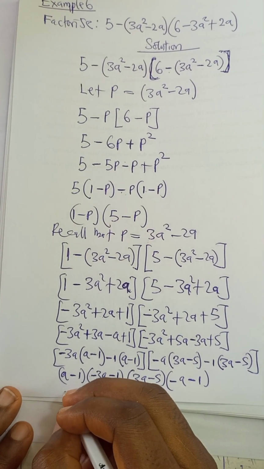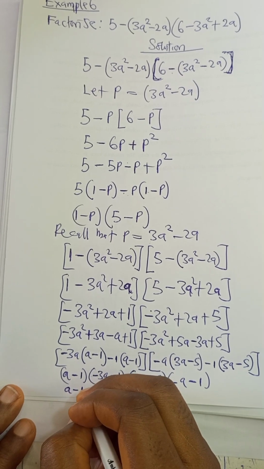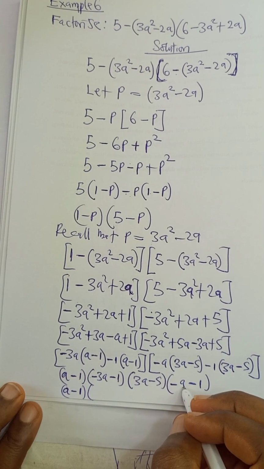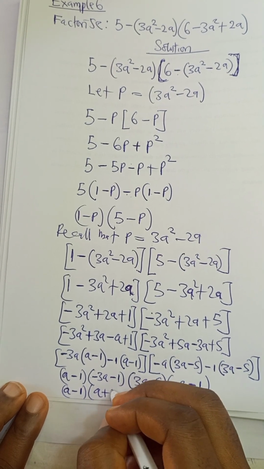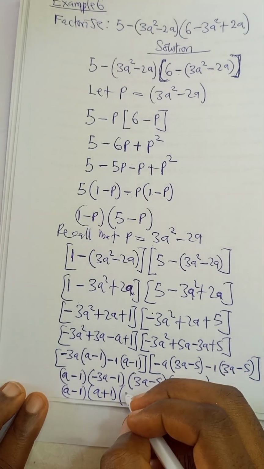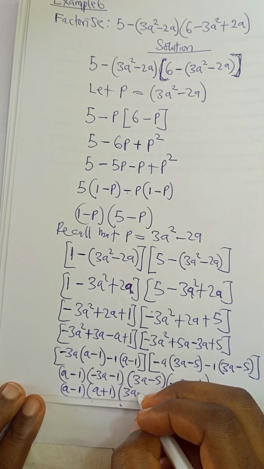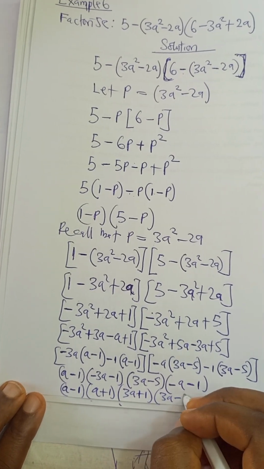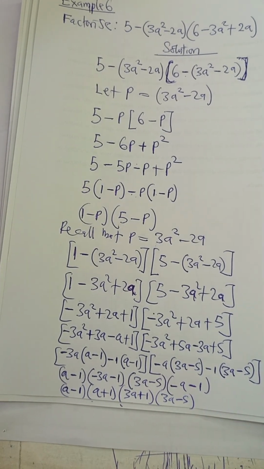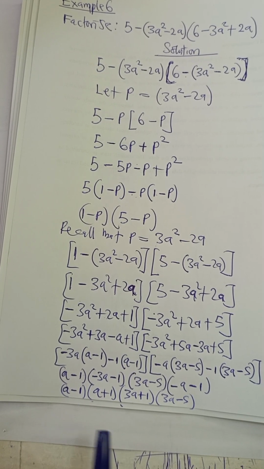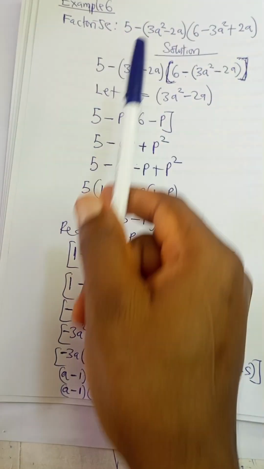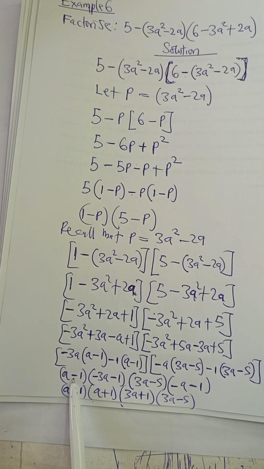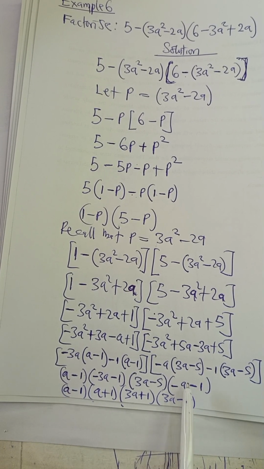So the final answer will be a minus 1 bracket a plus 1, if I should start with this, bracket 3a plus 1, then 3a minus 5. That is the answer. That is the final answer. If you expand this, that is what it will give to you. I hope you know nothing has changed.